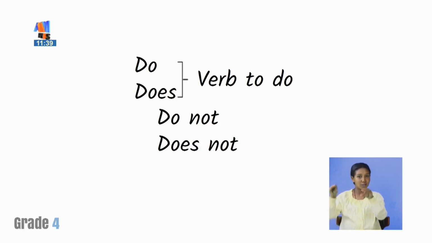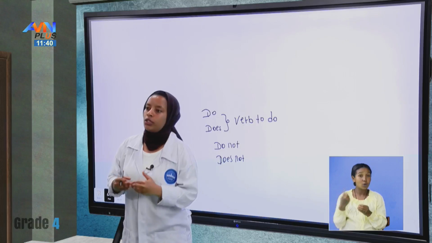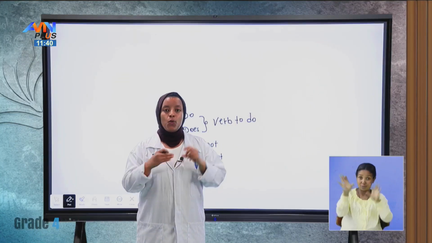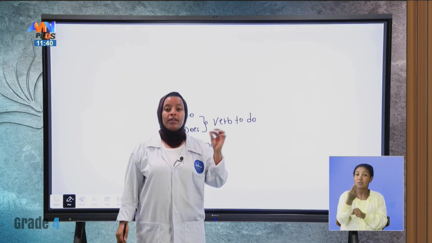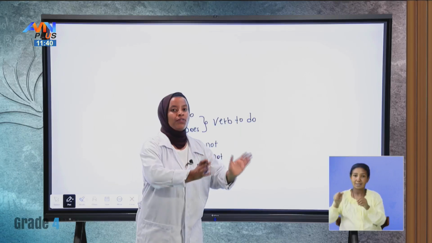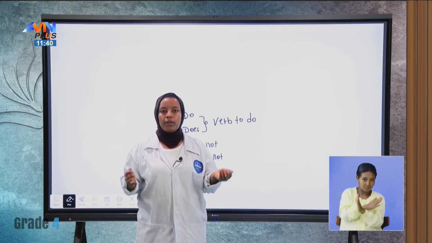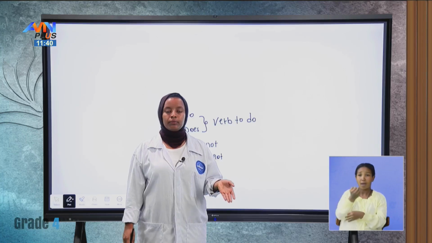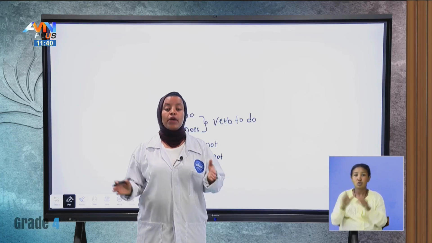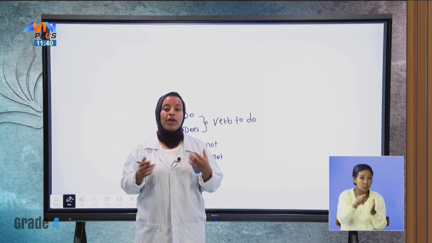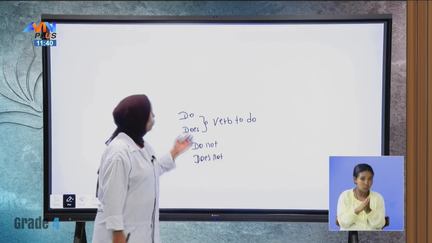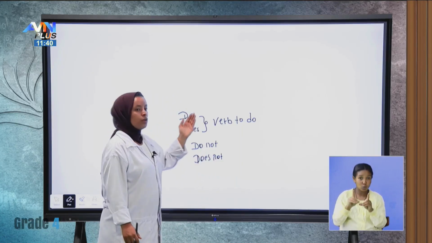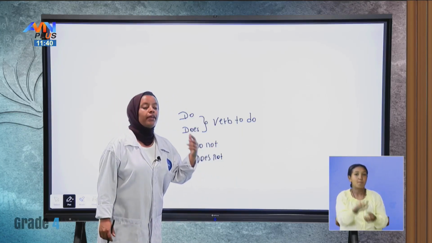Students, don't forget also, when we come to question or interrogative form, we use do and does at the first part of the sentence by saying, for example, does she like apple? Do they go to school? And here, do we can use for plural subjects like what?